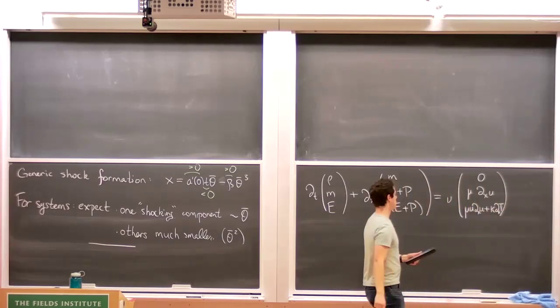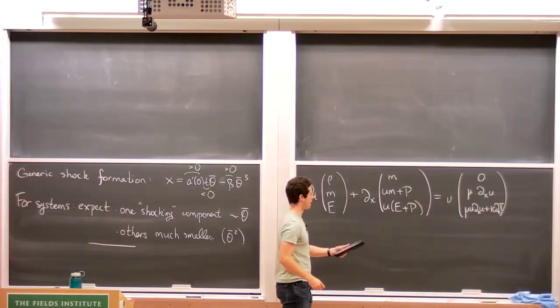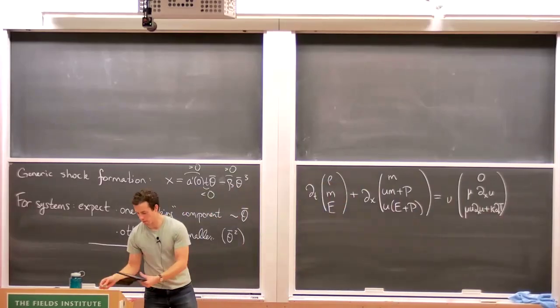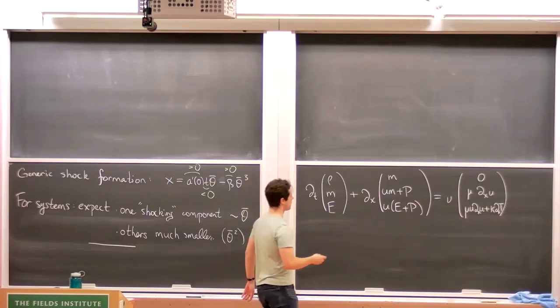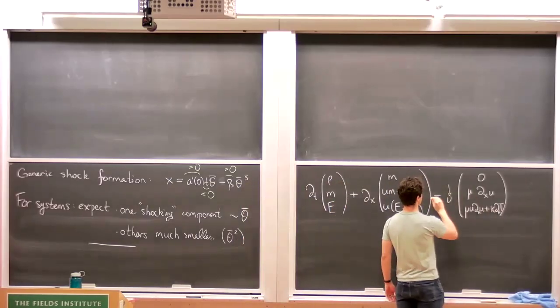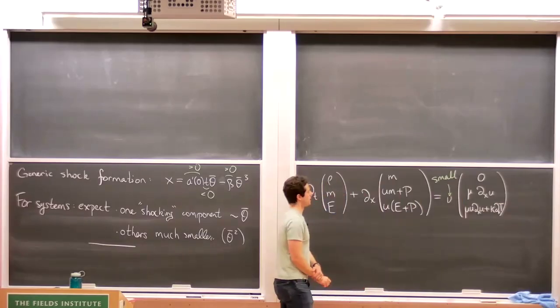Okay, so there's a number of new letters involved here, and I'll try to go through them one by one to give you a bit of a picture of what's going on. So this nu for me is just a small parameter, positive. And it again reflects the Knudsen number.